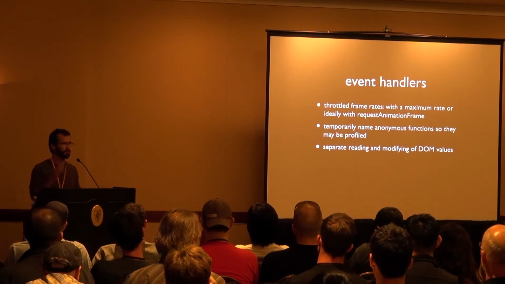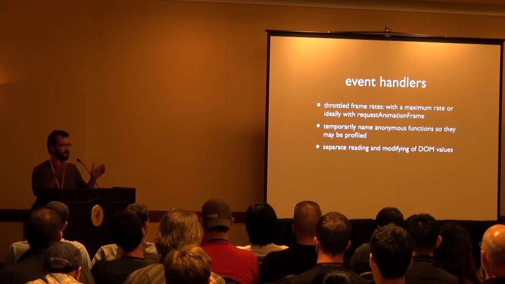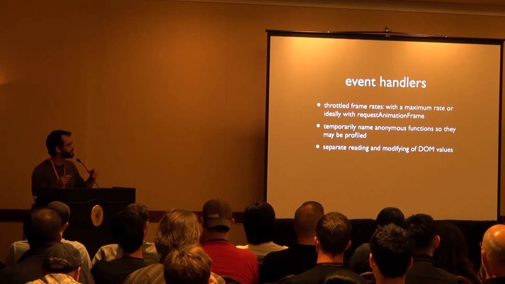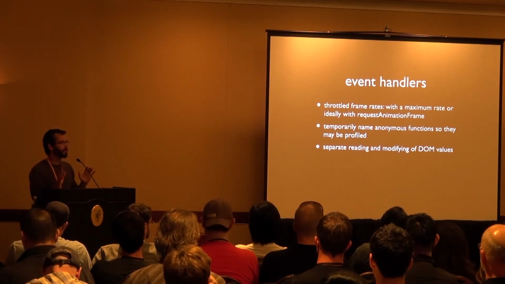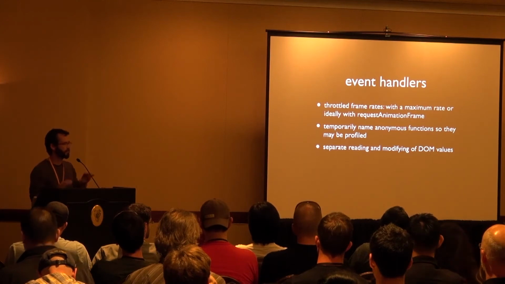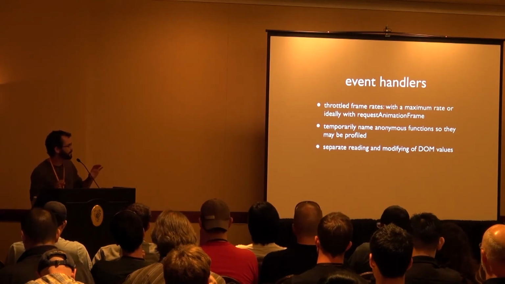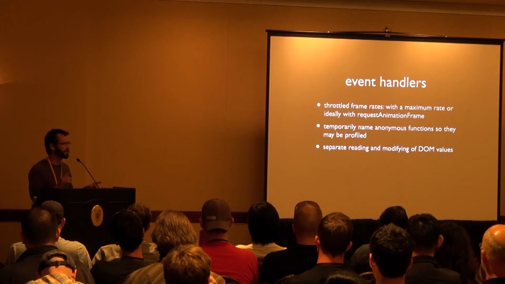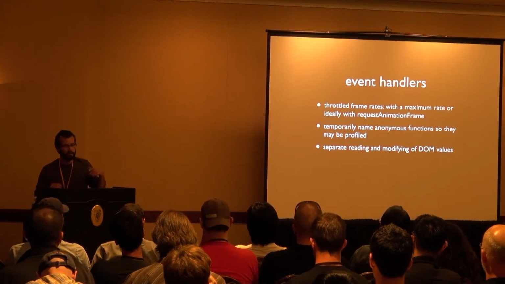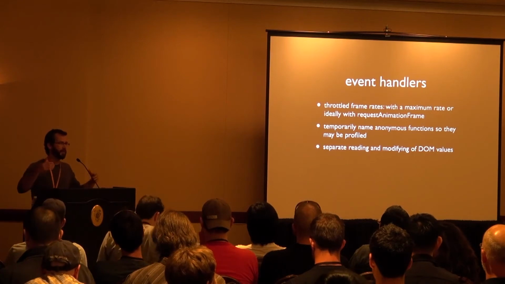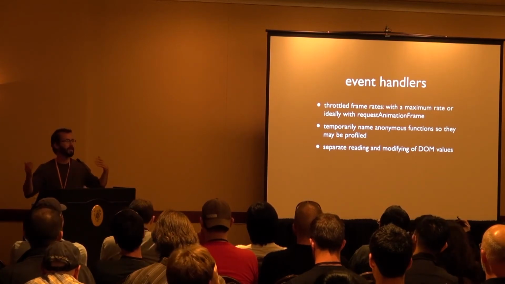It will look for the right window of time to sync up with the refresh rate and pop the animation in right at that moment. That's a good thing to do. If you want to do the poor person's frame rate throttling, which you may have to do on browsers that don't support request animation frame, you can simply set up a stateful variable and say, what's the last time I did this?